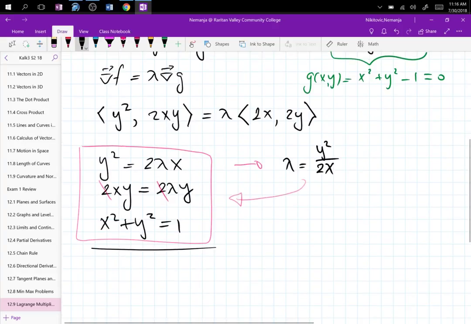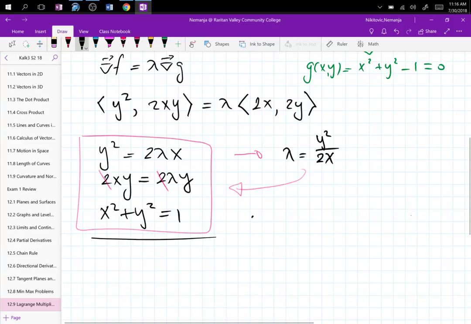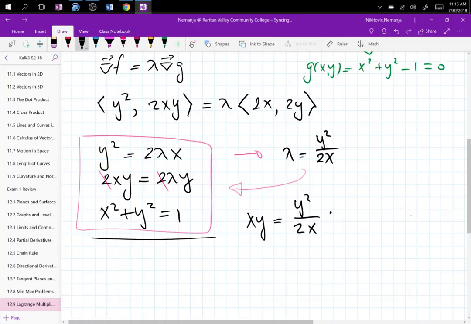So when I plug this in the second equation, what I get is xy on the left is equal to, instead of lambda, I have my y squared over 2x, and then I have the y over here. Now, what I'm going to do is multiply both sides by 2x.